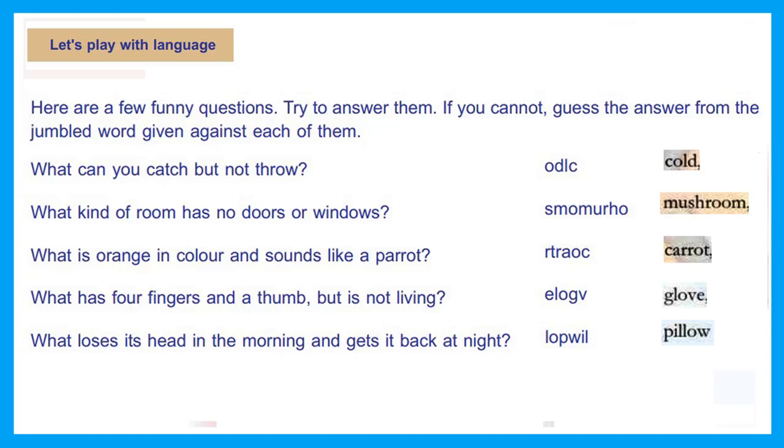What is orange in color and sounds like a parrot? Carrot. What has 4 fingers and a thumb but is not living? Glove. What loses its head in the morning and gets it back at night? Pillow.